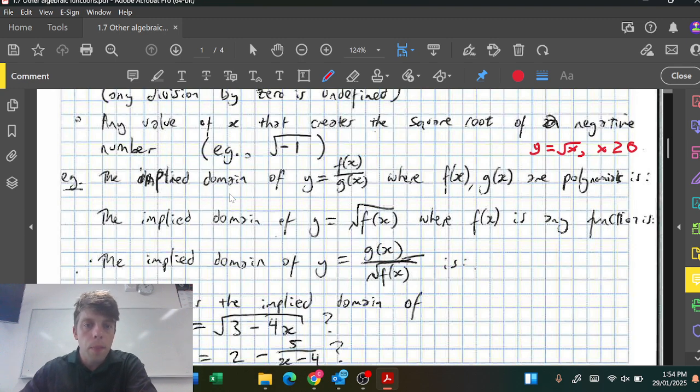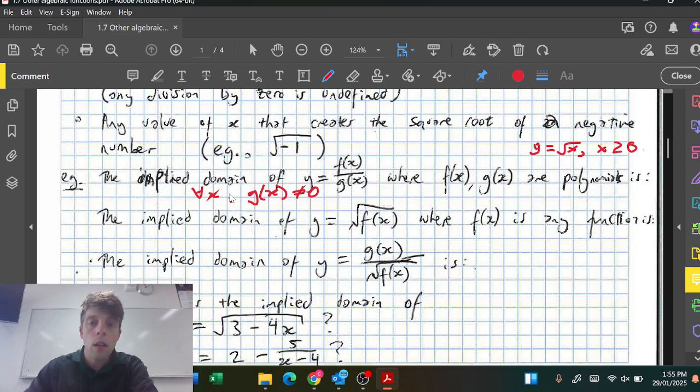The implied domain will be defined so long as g of x is not equal to 0. So it will be defined for all x such that g of x is not equal to 0. Something along those lines, just so long as you make the meaning clear.